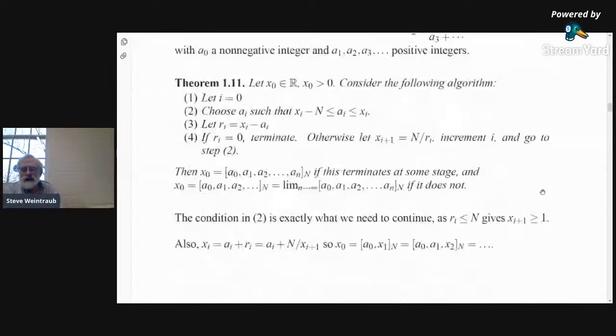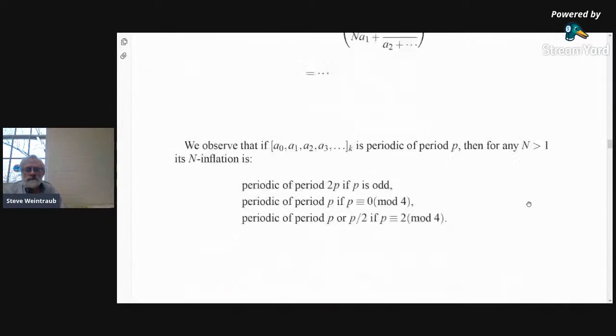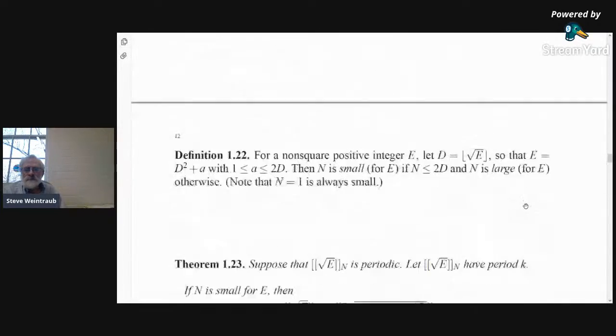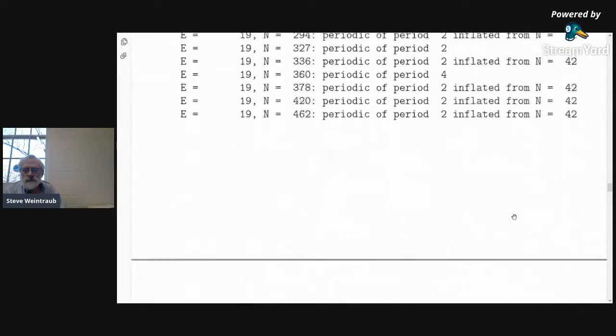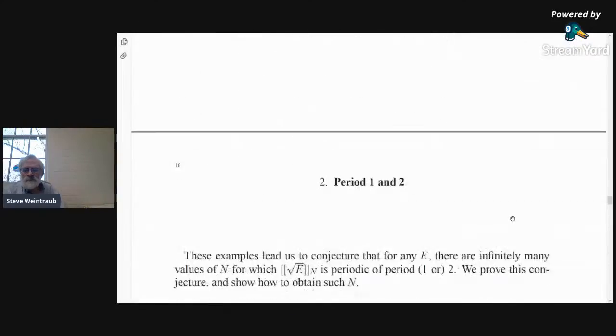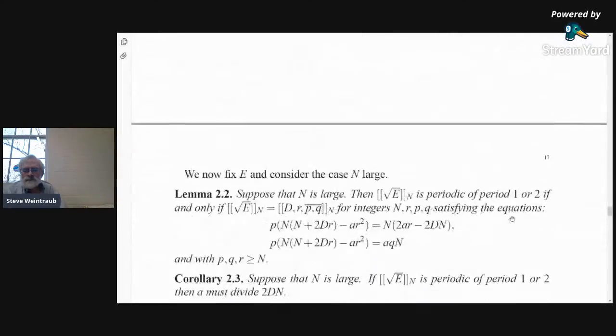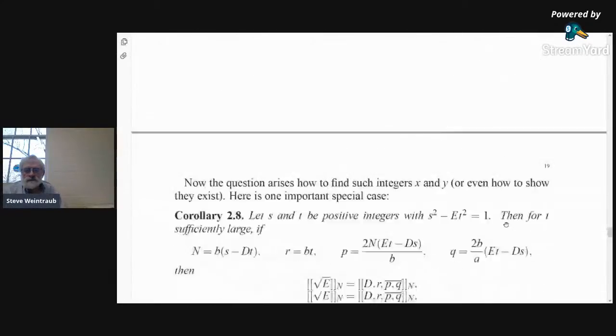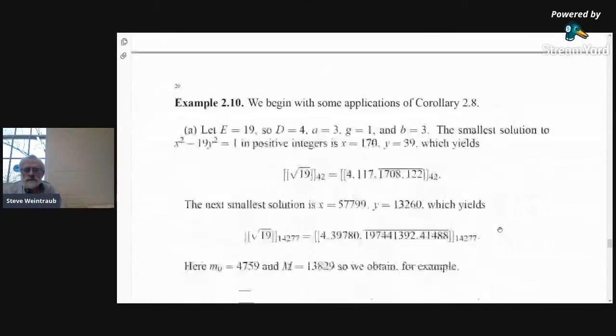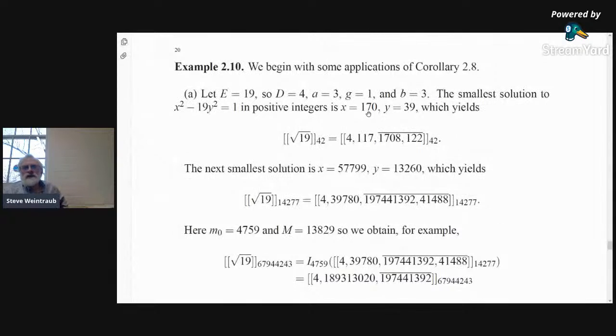So we'll get down to where we are now. Okay, so our first solution is x equals 170, y equals 39.